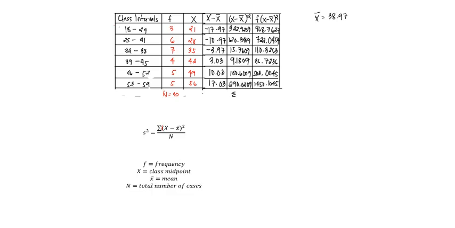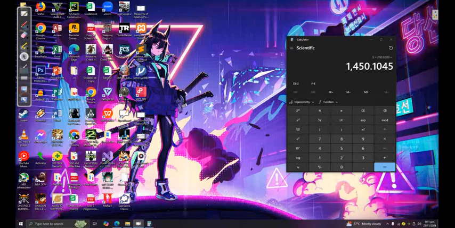So basically that's the summation of f times x minus x bar squared. So we will be just adding up these values.